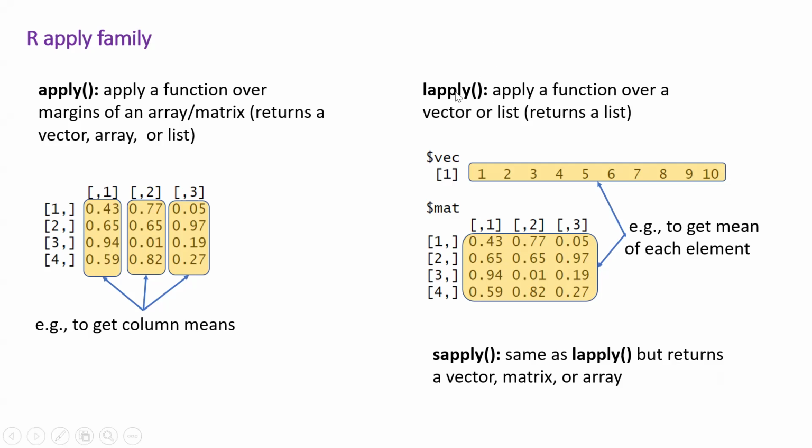With lapply we can only get the result as a list, but with sapply you can get a result as a vector, matrix, or array. Now let's open RStudio and try some applications of these apply functions.